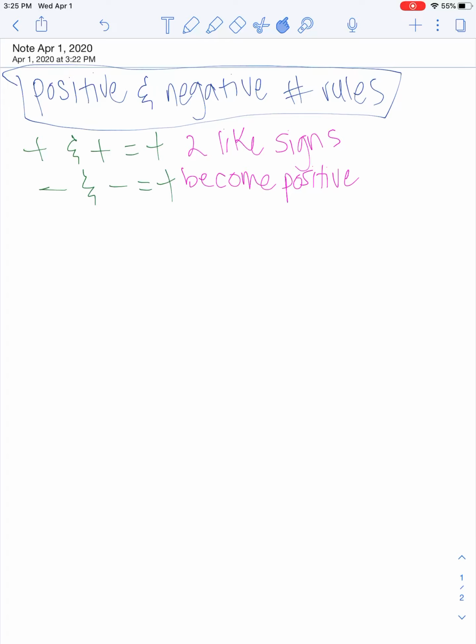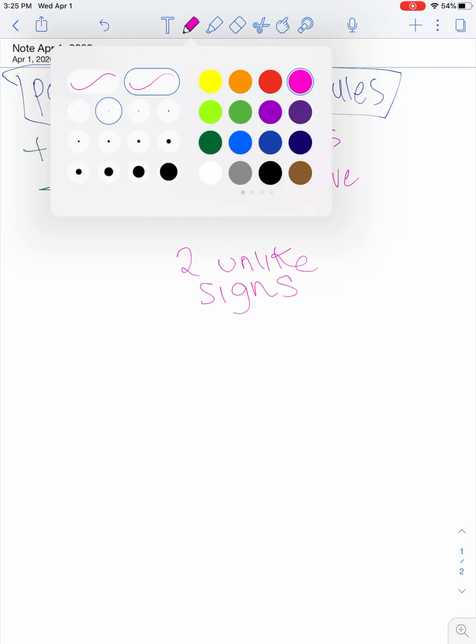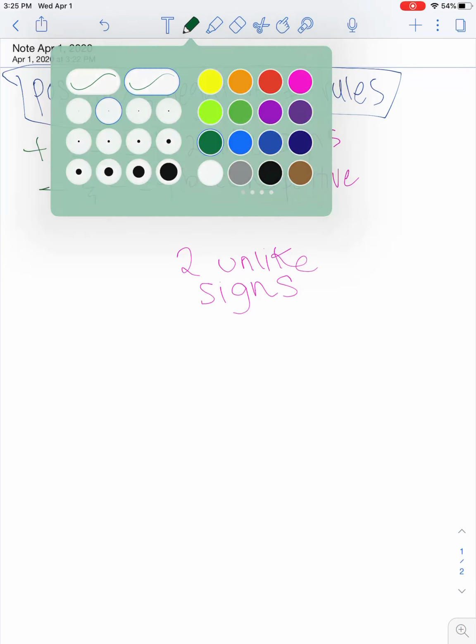So then the other thing is, two unlike signs become a negative sign sometimes. So when you have two unlike signs, let's do some examples, because this is one of those ones that it's not always the same.